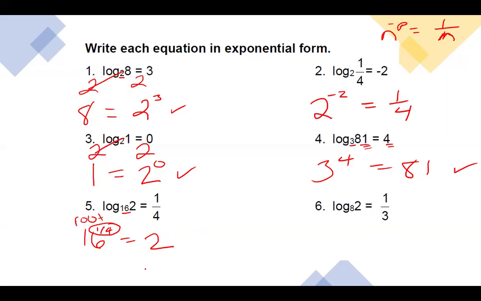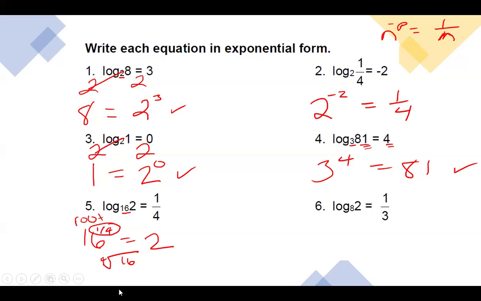Okay, so 16 to the 1/4 means that I am taking the 4th root of 16. So what number times itself 4 times makes 16? It's 2. 2 times 2 is 4. 2 times 2 times 2 is 8. 2 times 2 times 2 times 2 is 16.